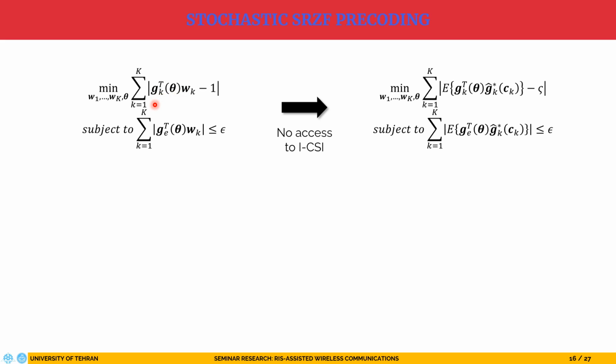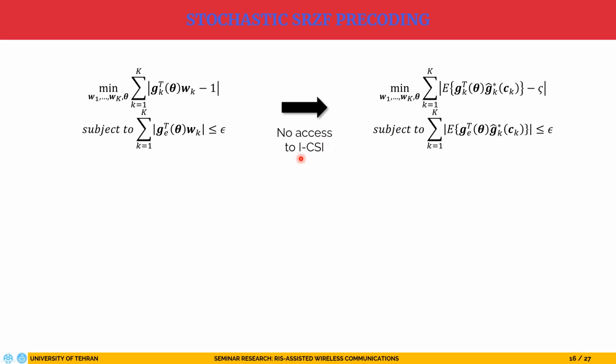For user K, we would like it to equal 1, or get close to 1, and for other users it equals 0. Also, this term for the active eavesdropper should be less than an epsilon term, which is a small number.